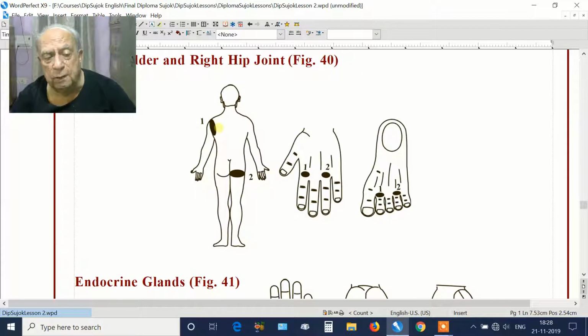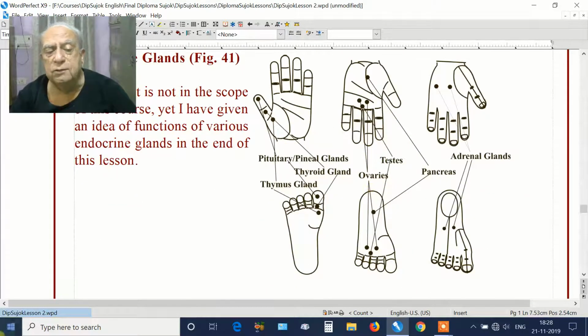Then this is the shoulder, left shoulder, and this is the right hip. So this is the left arm, below this is shoulder, so left shoulder is there, and this is the leg, so this is the right hip. Left shoulder and right hip. Endocrine glands.